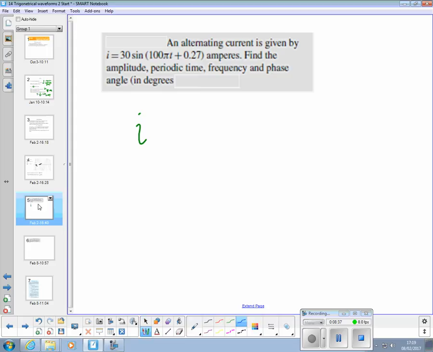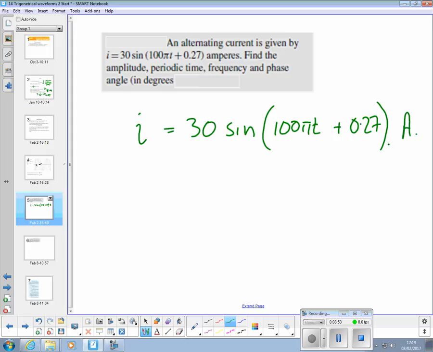So we've got i is equal to 30 sine (100 pi t plus 0.27) amps. And it says find the amplitude as the first thing. Yeah, it is this number here.